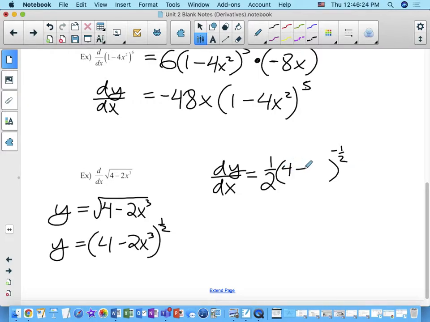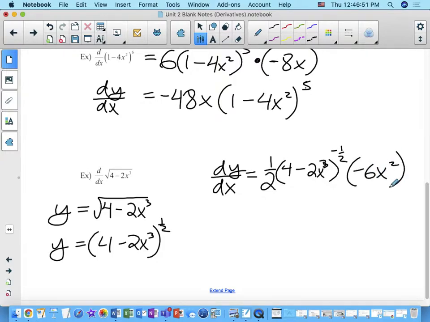So that's 4 minus 2x cubed to the negative 1/2. And then the inner function is 4 minus 2x cubed. What's the derivative of that? Correct. Times negative 6x squared.